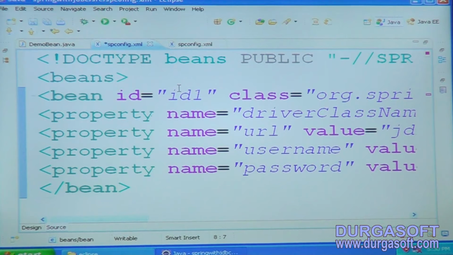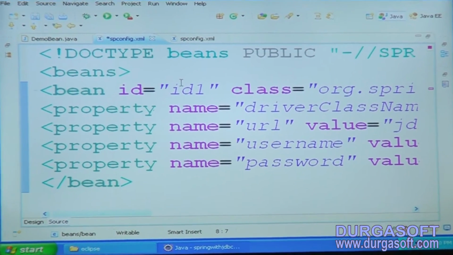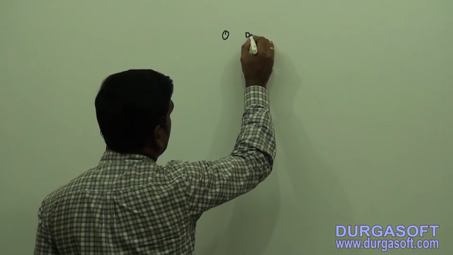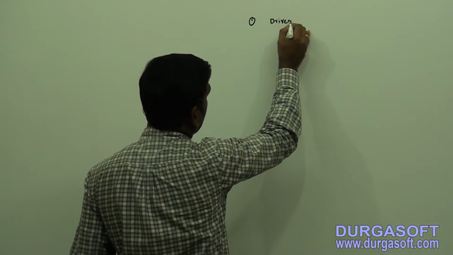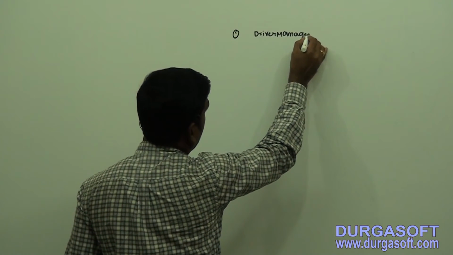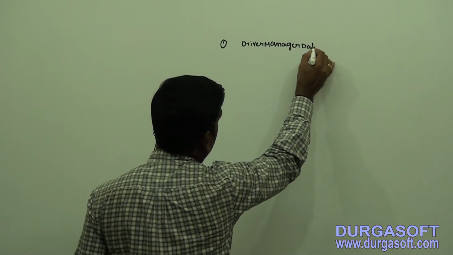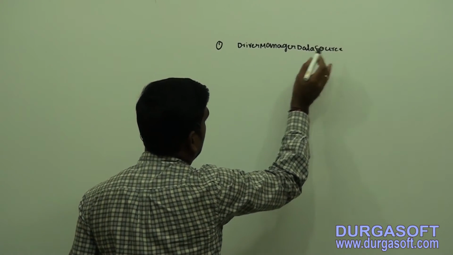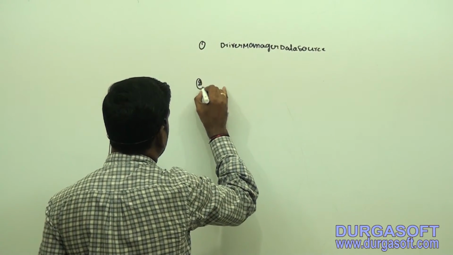As part of this application, how many classes do we need to configure? We need to configure totally 3 classes. Number 1 is what? Connection purpose, DriverManagerDataSource. Number 2 is what?